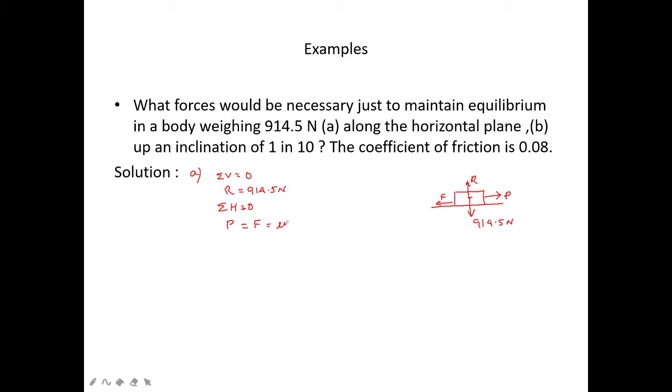F is mu into R. What is mu? Mu is 0.08. What is R? R we have calculated 914.5. Now if you calculate, the value of P will be 73.16 Newton.